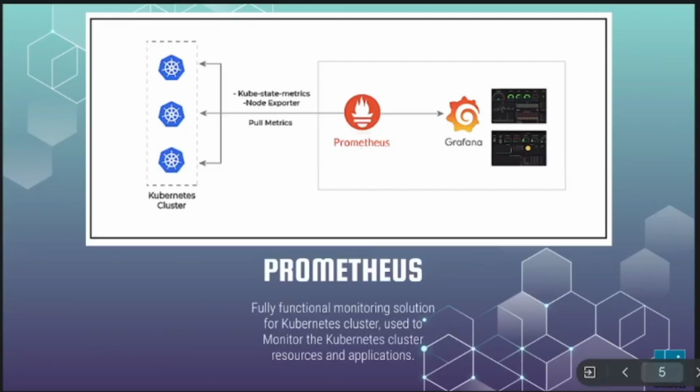Prometheus is an open source monitoring and alerting system for distributed systems, and it is designed to collect metrics from various sources and to provide a flexible query language for analyzing and visualizing the data.